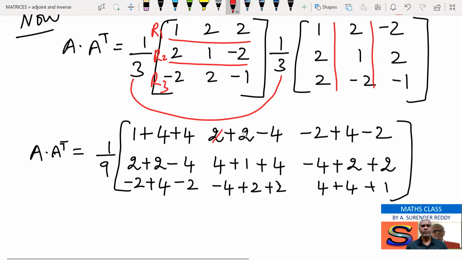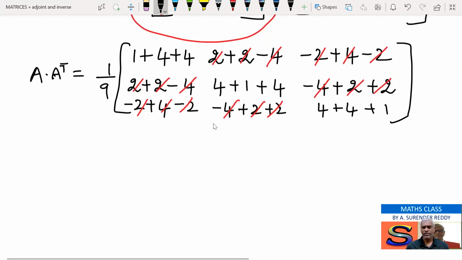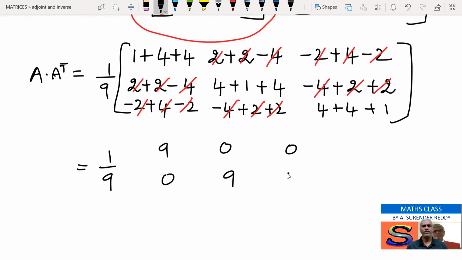Now 2 plus 2, 4 minus 4 will get cancelled. Minus 2, 2 will get cancelled. 4 minus 4 will get cancelled. Minus 4 plus 4 will get cancelled. So all these will get cancelled, and after simplifying, 1 by 9, this becomes 9 0 0, 0 9 0, 0 0 9.